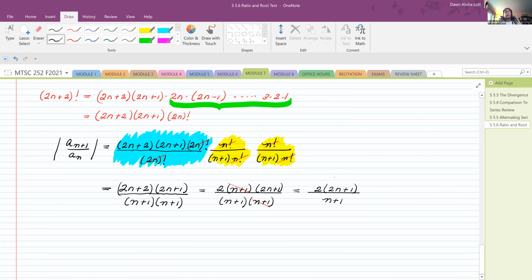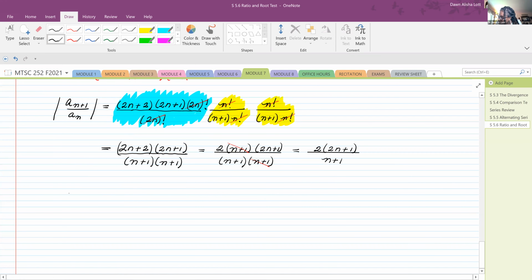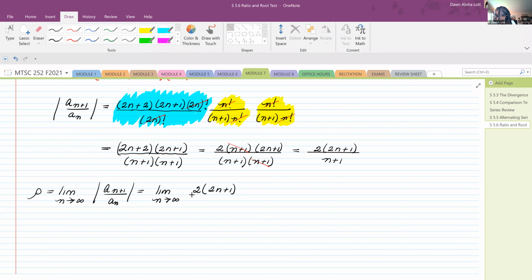Okay, finally. So rho is the limit as n approaches infinity of the absolute value of a_{n+1} over a_n. And that is the limit as n approaches infinity of 2 times (2n+1) all over (n+1). And that is 4.